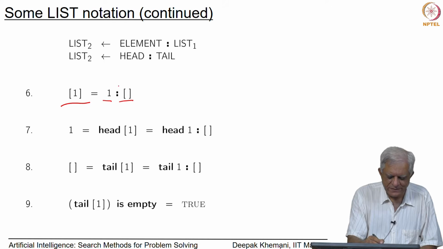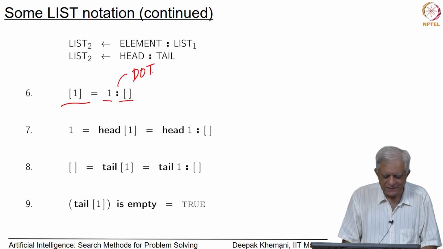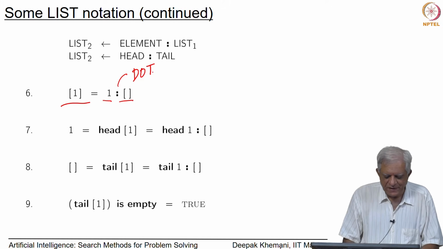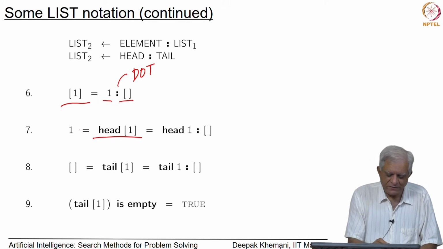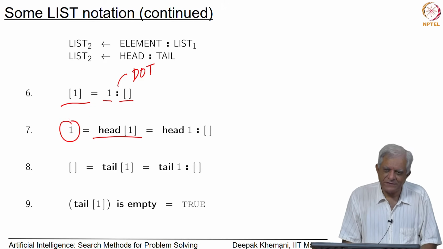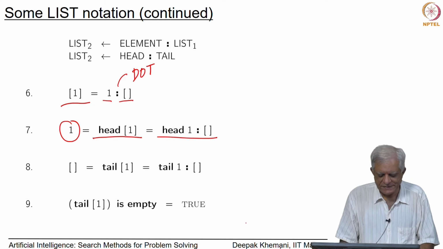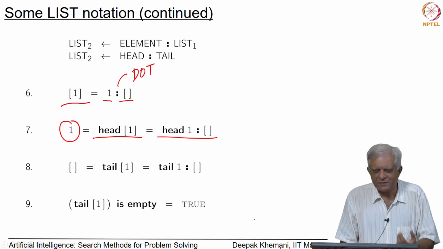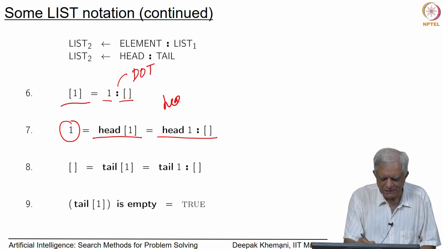So, this represents a dot operator that we had talked about, which separates the head from the tail essentially. If we were to use the expression head of [1], then what it would return is 1, which is the head of the list, and this is equivalent to writing head of 1 followed by an empty list essentially. So, the head of a list may be obtained by using head followed by the name of the list.